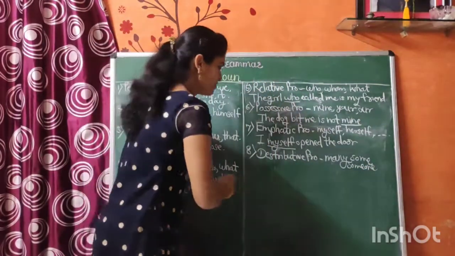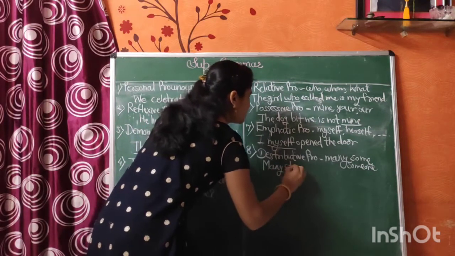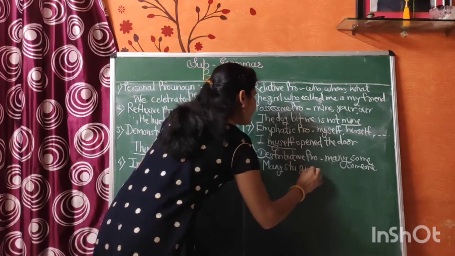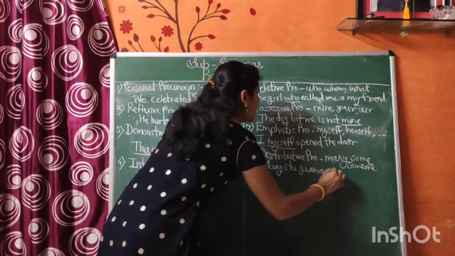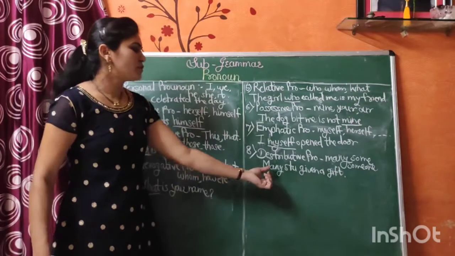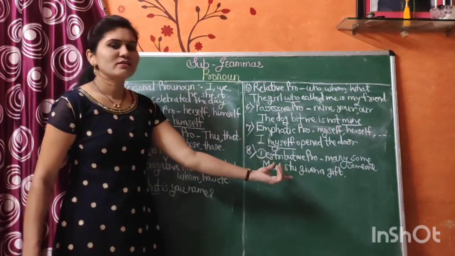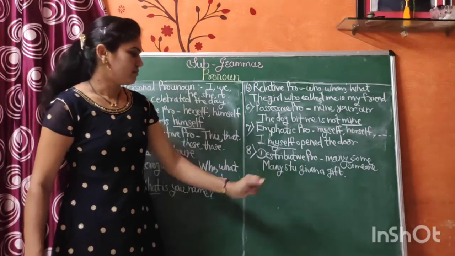Let's see the example. Many students gave a gift. So here many is a distributive pronoun which is used to distribute the things or persons.